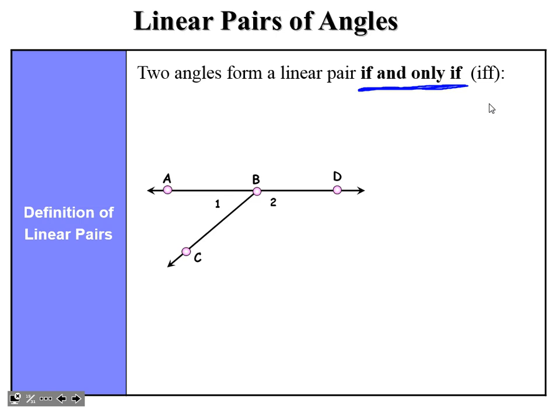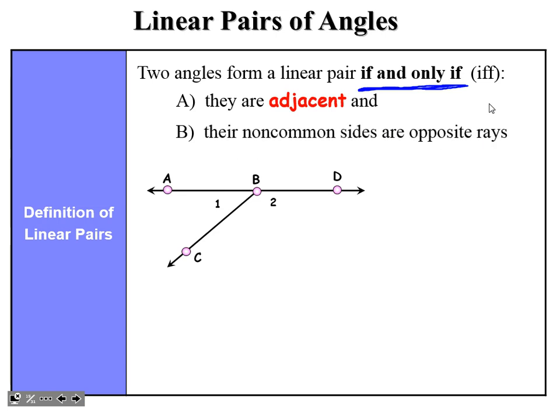You have to have all of the things happen. These are the things that have to happen for a linear pair to be true. The angles have to be adjacent, and their non-common sides are opposite rays. And what did we say when opposite rays occur? What kind of angle did it make? A straight angle.